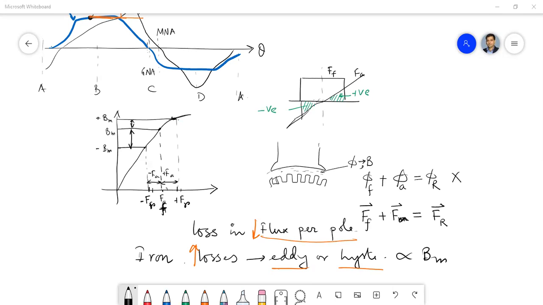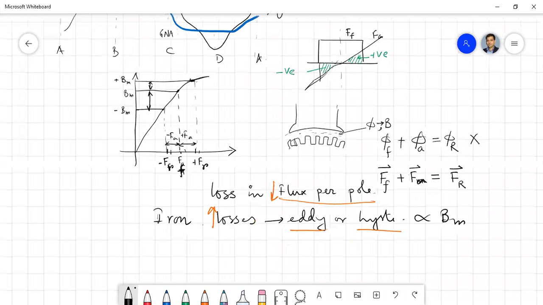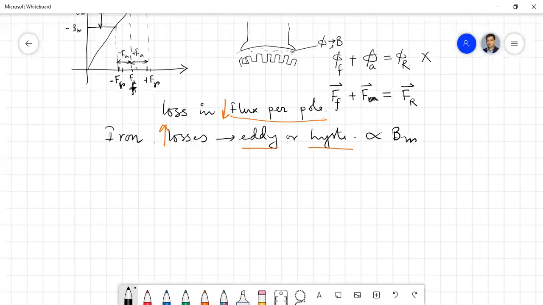How exactly is the loss in useful flux per pole affecting the working of the machine? That was our observation. Now the flux I already mentioned in the last class. Useful flux per pole means, in the voltage expression you have ZP by A phi N, so this is the useful flux per pole. If it is reduced, then the overall induced voltage will be reduced.